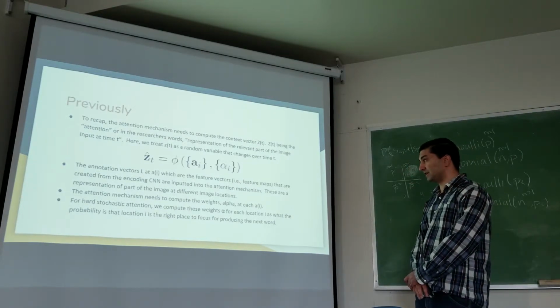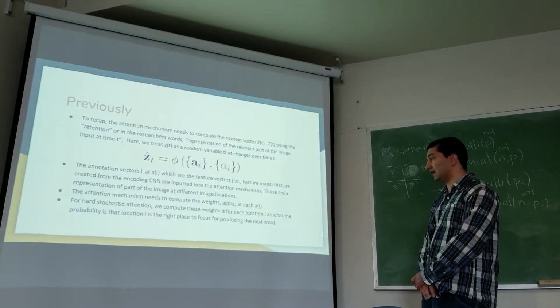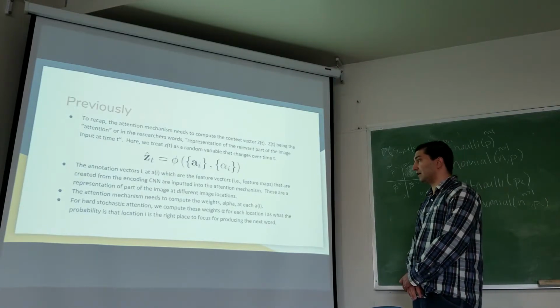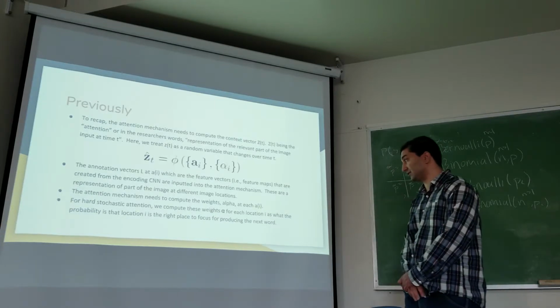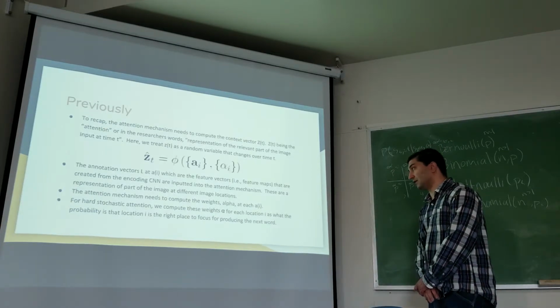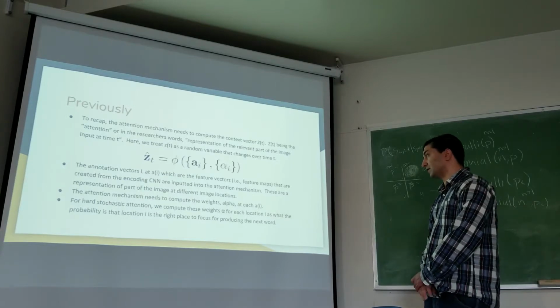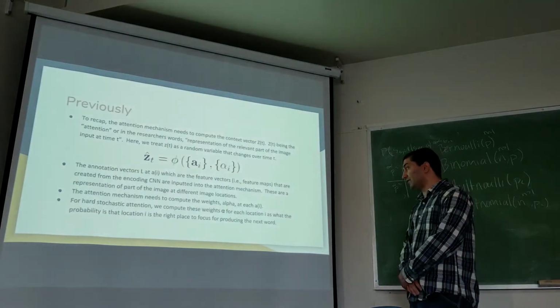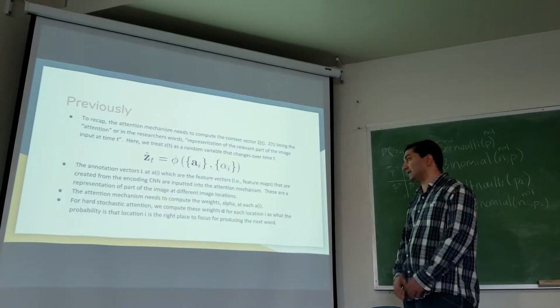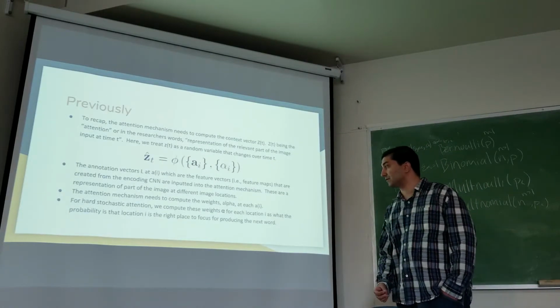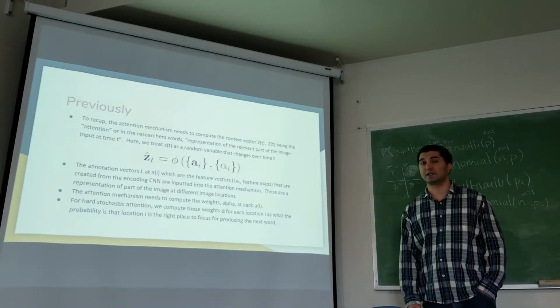The attention mechanism needs to compute the weights alpha at each a of i, and here we're doing hard stochastic attention, which in the researcher's own words, computes these weights alpha for each location i as the probability that location i is the right place to focus for producing the next word.